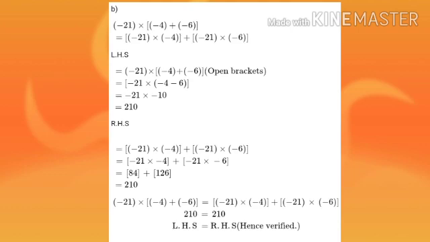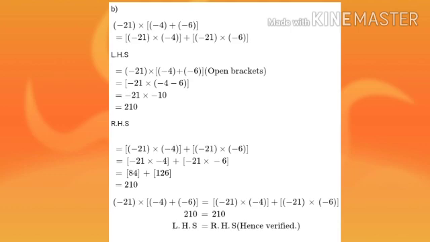We should open the brackets. Inside the bracket, minus 4 plus of minus 6. What is minus 4 plus minus 6? What is the procedure for adding two negative numbers? We should add the numbers and put the greater number's sign. So minus 21 into minus 10, which is equal to 210. Therefore LHS is equal to 210.